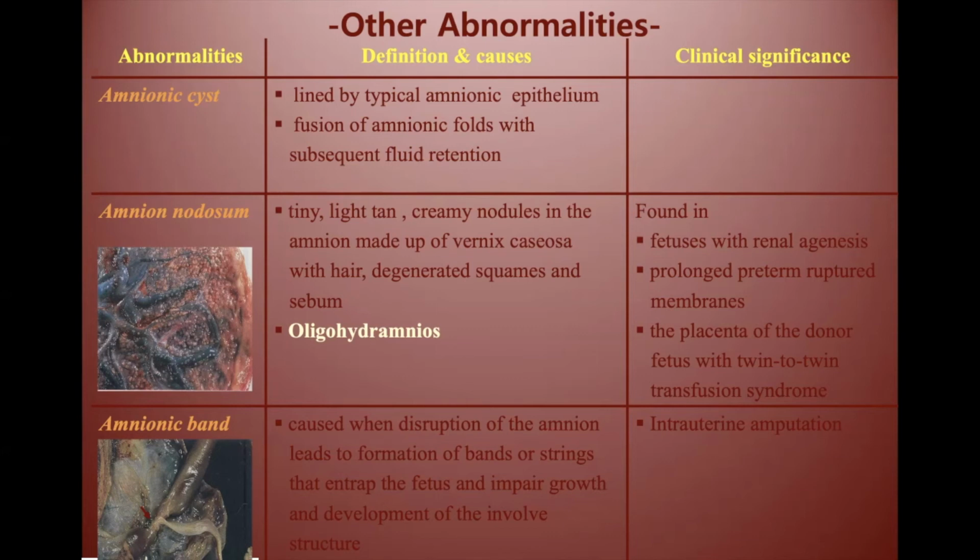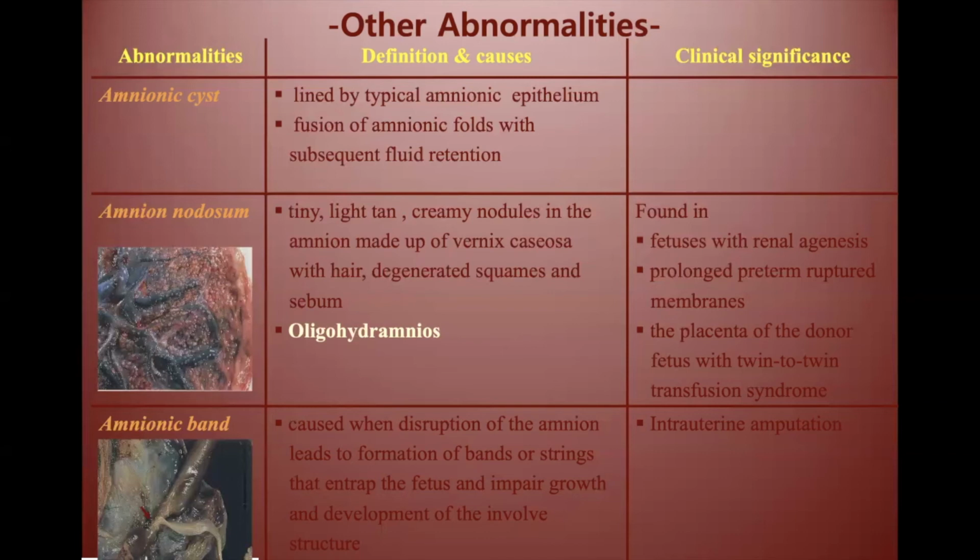Amniotic band sequence is an amniotic fetal disruption sequence caused by bands of amnion that entrap fetal structures and impair their growth and development. The most widely held theory concerning their etiology is that early rupture of amnion results in adherence of part of the fetus to the underlying sticky chorion.